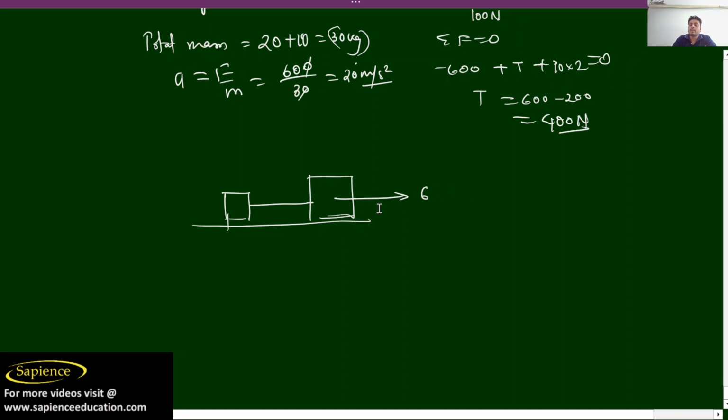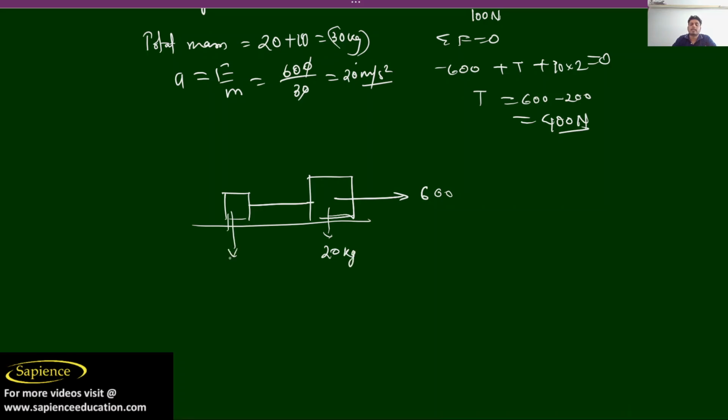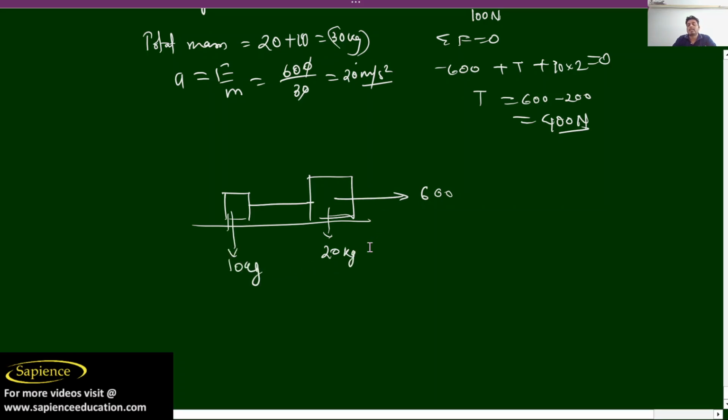Since the masses are 20 kg and 10 kg, the total is 30 kg, so the acceleration is 600 divided by the total mass, m1 plus m2, that is 600 by 30. So that is the same acceleration, 20 meter per second square.